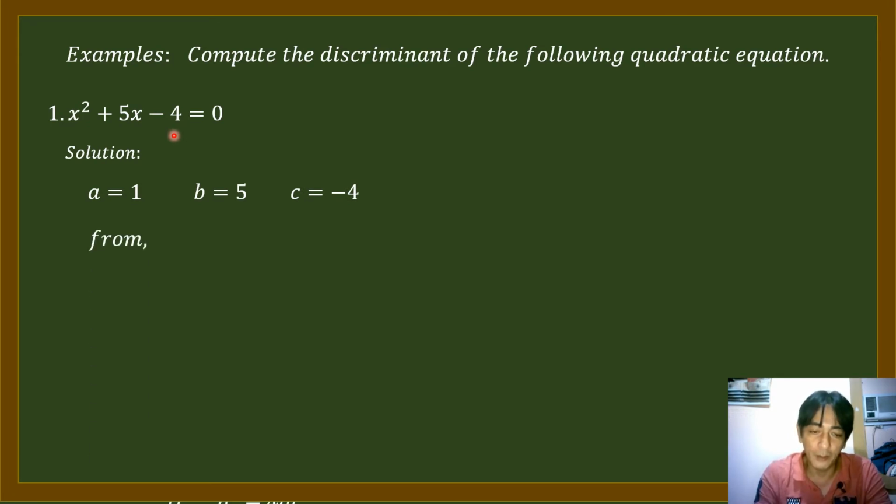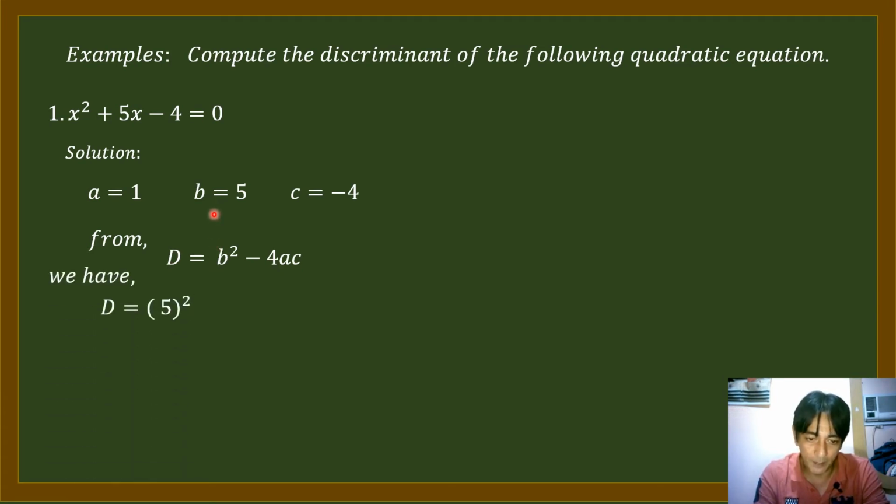Okay, so from the formula, D is equal to b squared minus 4ac, we just substitute the given value. So, we have D is equal to 5 squared, so yan yung b, 5 squared minus 4. Ang a natin is 1 and c is negative 4.